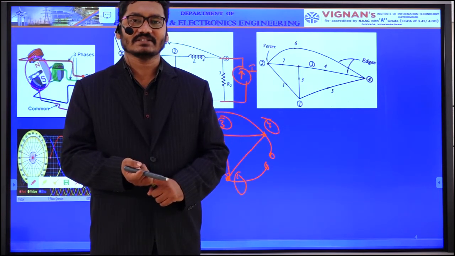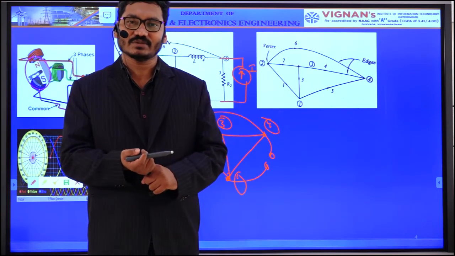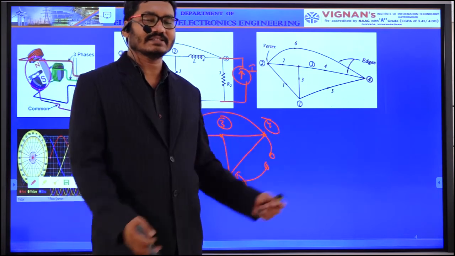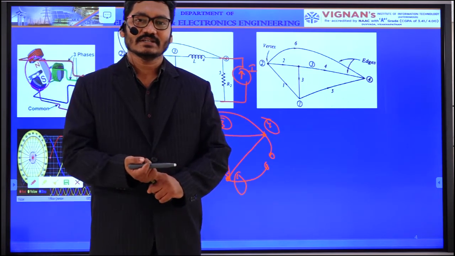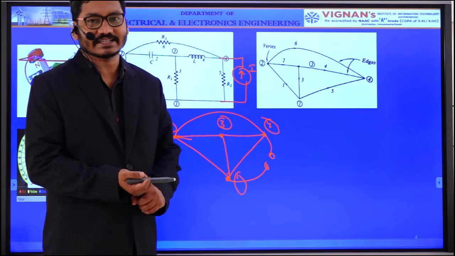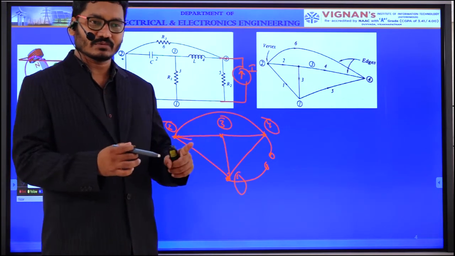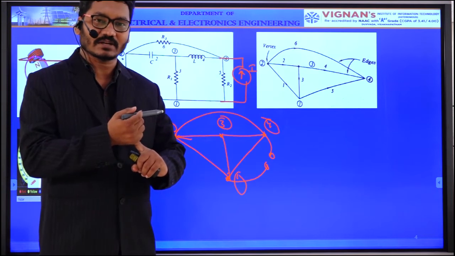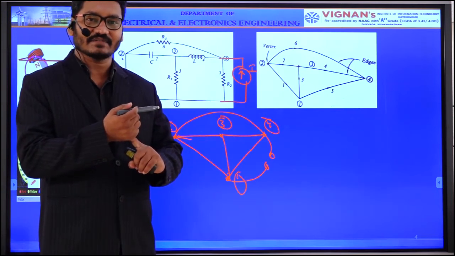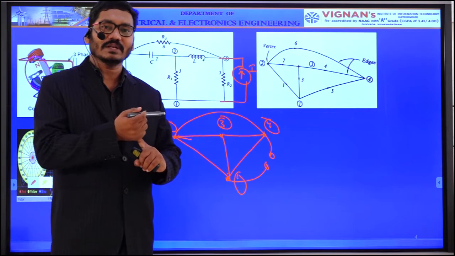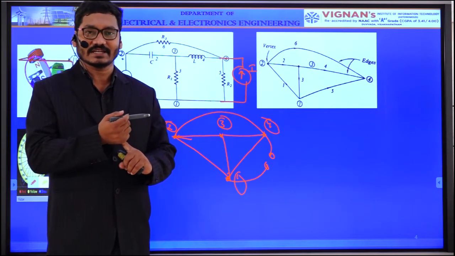After solving those equations, we can analyze the electrical systems. Understand? So for more complex electrical networks you can do simple analysis by using geometric analysis.